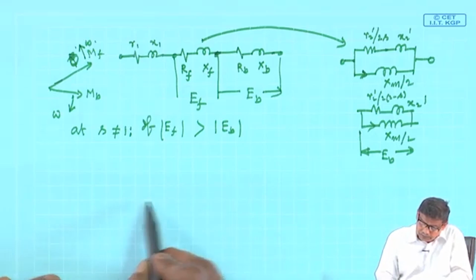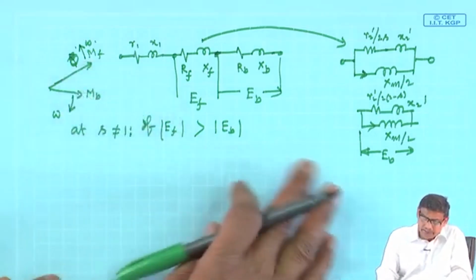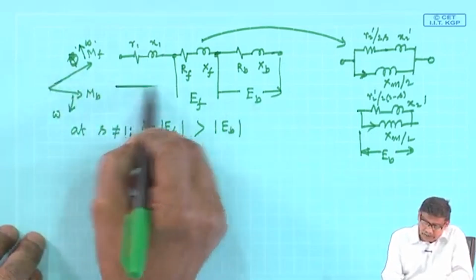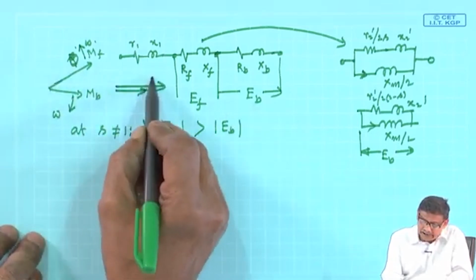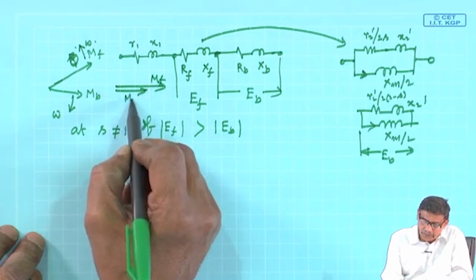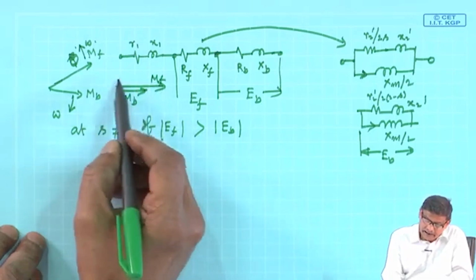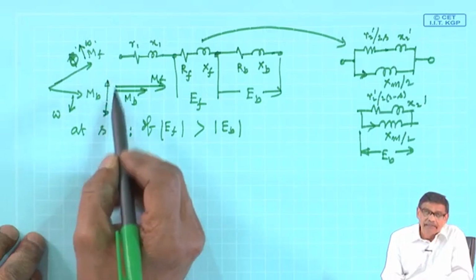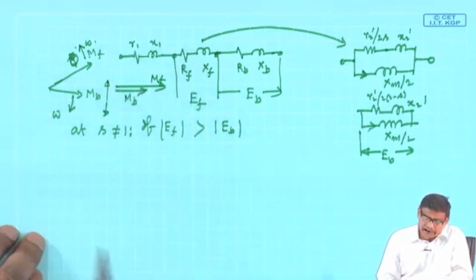So, as they are moving, at some times they will be together like this, M f, M b, there will be instants, and at some times they will be away and then in the negative direction.